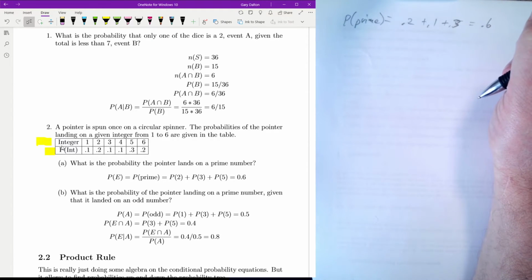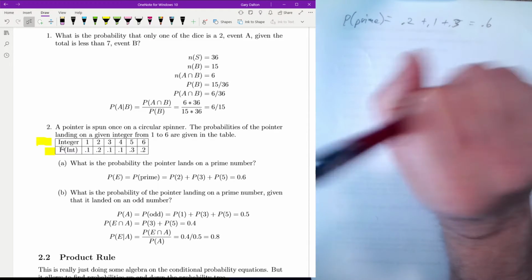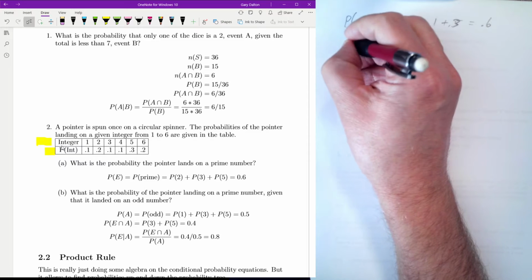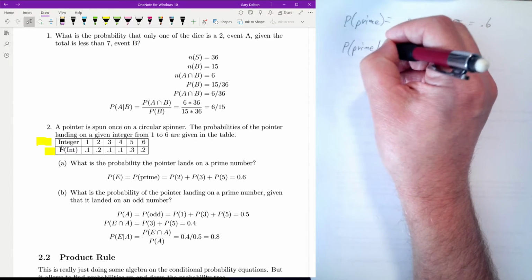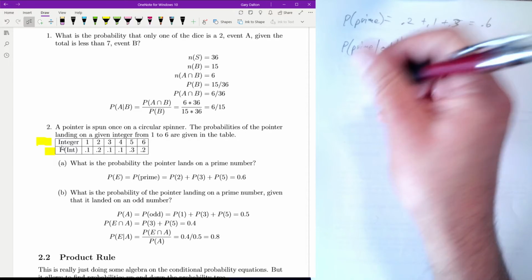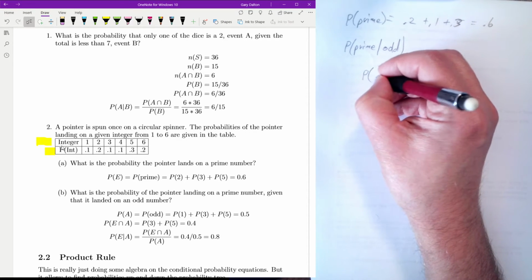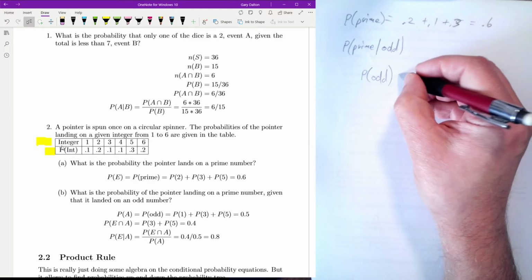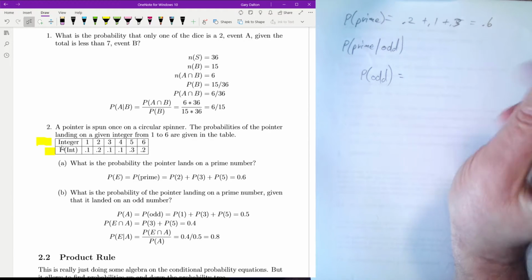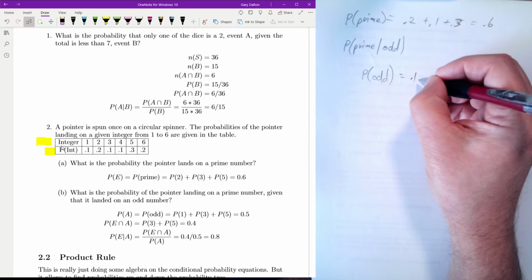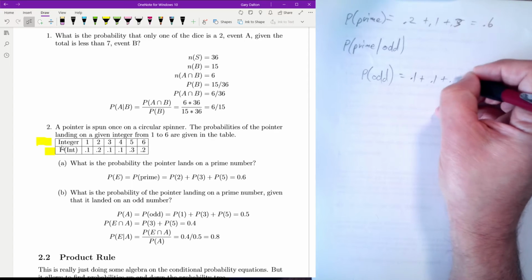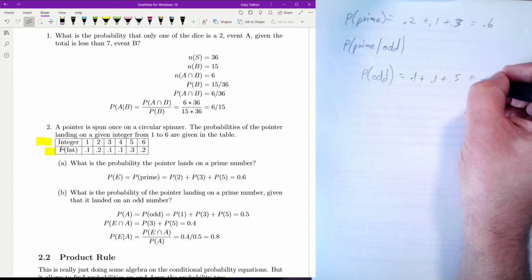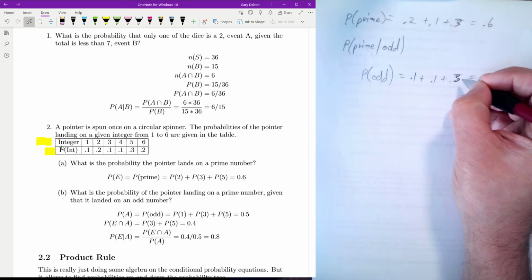Okay. What is the probability of the pointer landing on a prime number given that it landed on an odd number? So the probability of prime given odd. Well, what's the probability of odd? The probability of odd is 0.1 plus 0.1 plus 0.3.